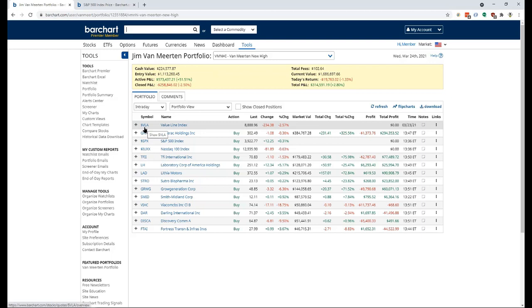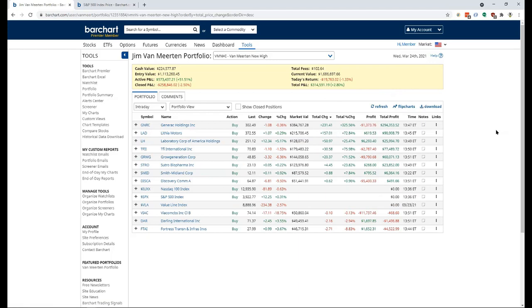Again, we're looking at the stocks. Let's do the total change. Right, and I want to point out, you add the Value Line Index, your benchmark index, to these paper portfolios. All right. Okay, this is a portfolio view, and so I'm saying, boy, if there ever was a COVID stock, look at that Generac.